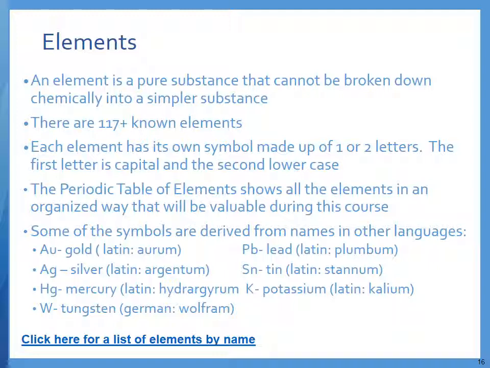A lot of the symbols might not seem like where'd they come up with these. Gold, for example, has the symbol Au, and you wonder where that comes from? Well, it's usually a Latin root, so aurum. Silver comes from argentum.